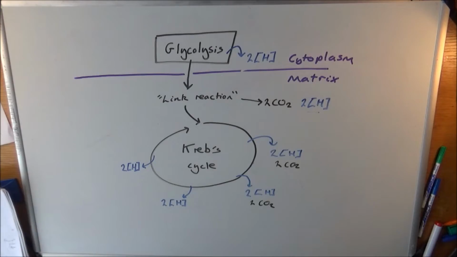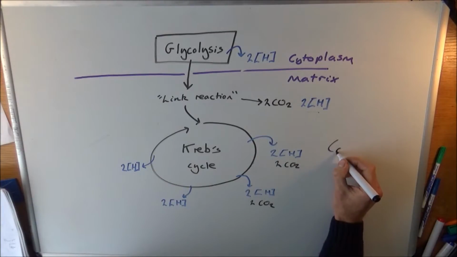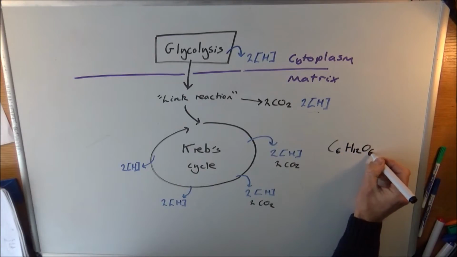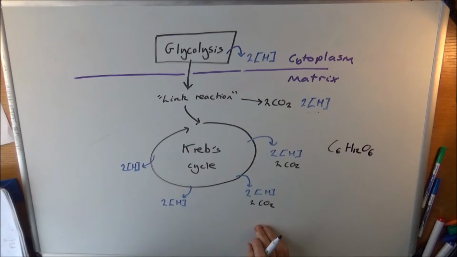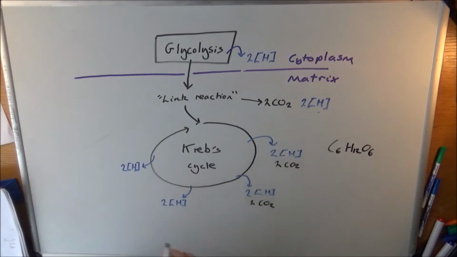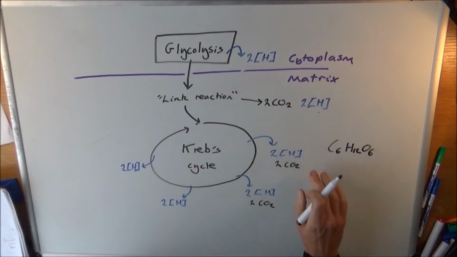With this diagram I would like to just give you an overview of how a molecule of glucose is dismantled as it proceeds through glycolysis, the link reaction and the Krebs cycle. The main thing to appreciate is that the carbon atoms in glucose, of which there are 6, are released in the form of carbon dioxide gas, and the hydrogen atoms are released at various stages, and I'll say how they are released and where they go in a moment.